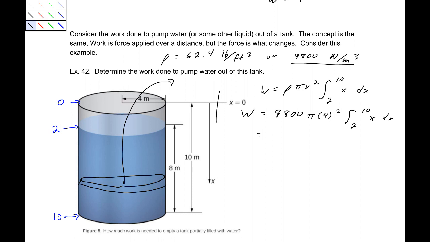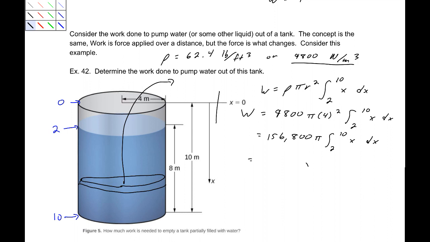So with this cylinder container, the weight of the water isn't changing, so our force actually isn't changing. Alright, so that would give us 156,800 pi, if we calculate that part, times the integral from 2 to 10 of x dx.